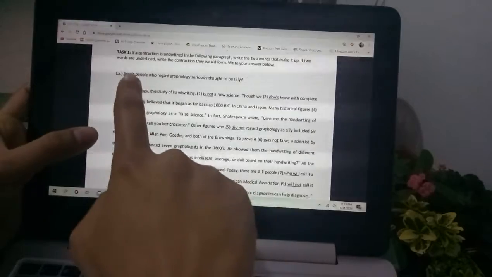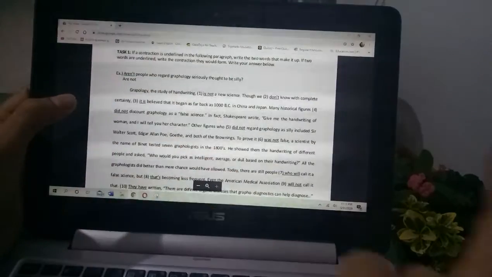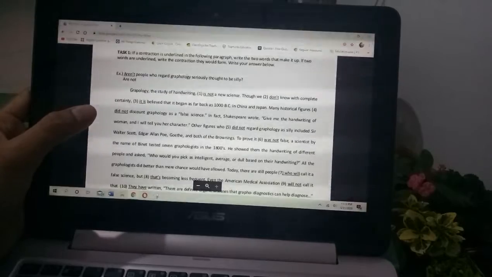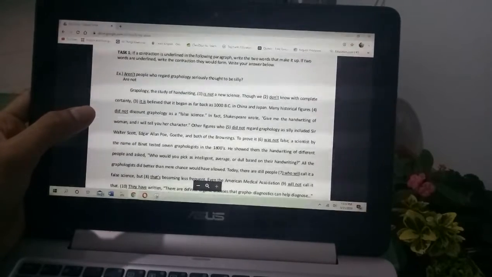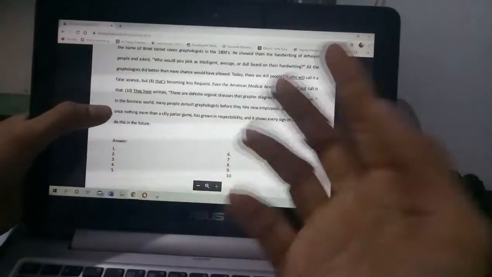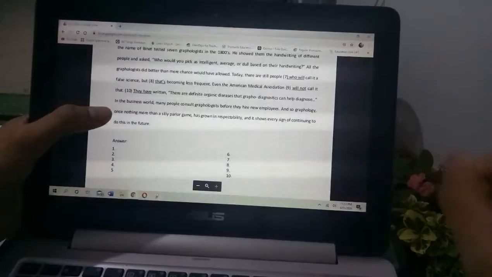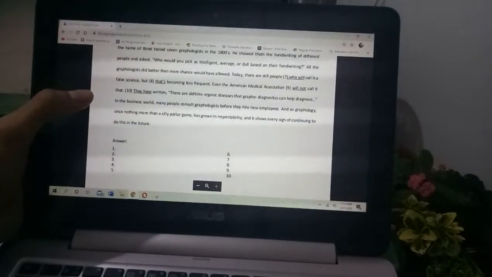For example, this one, the underlined word is aren't. So you're going to write aren't equals are not. Do you understand? I'll write it down so you can see.